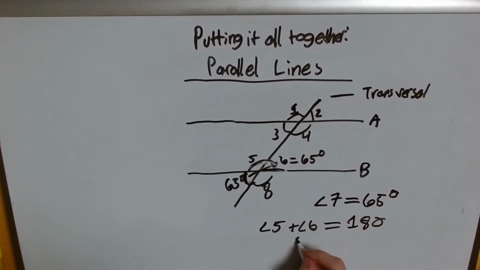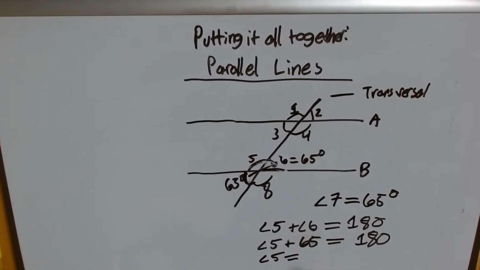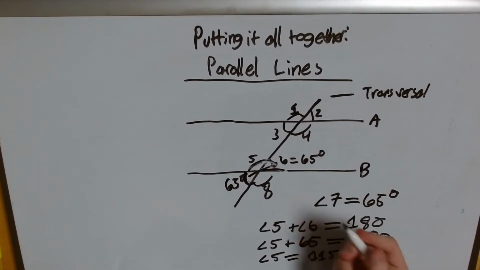Well, and we know angle 6 is actually 65 degrees. So we actually have things pretty good for ourselves. We can say, just by a simple algebraic equation, that angle 5 has to be 115 degrees. Excellent.